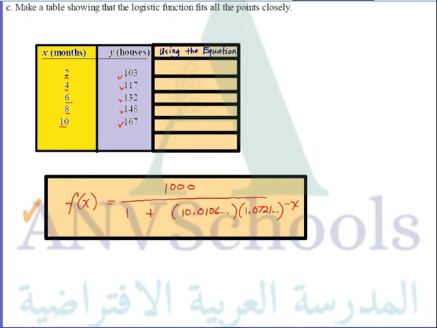So if my x is 2, I will have it raised to negative 2, and this will give me 102.993. So this is exact. Okay, we have exact values, 103, 103. What if my x is 4? If my x is 4, my answer would be 116.586. So this is very close.